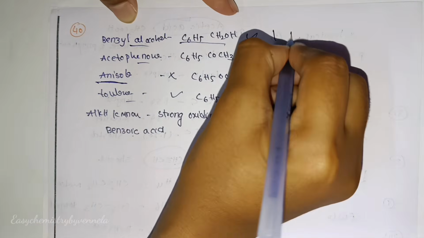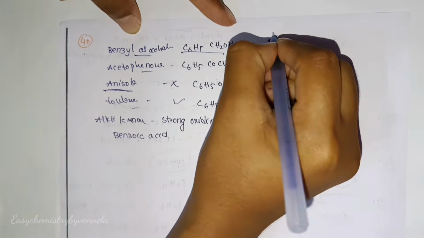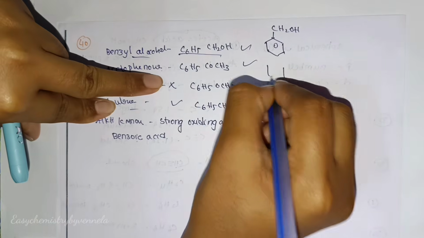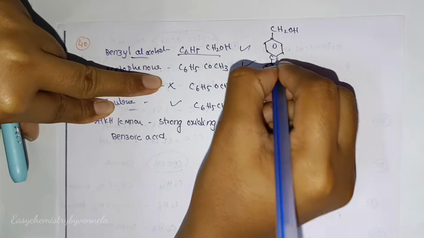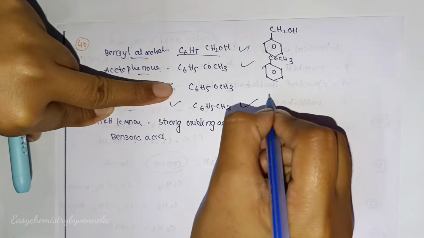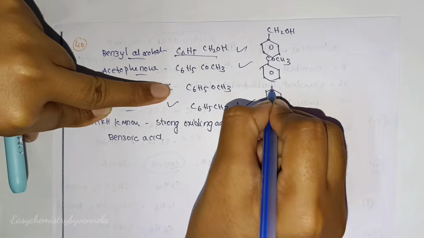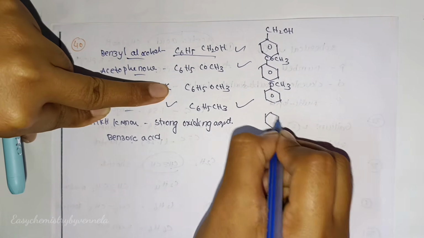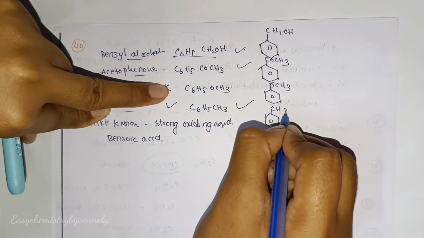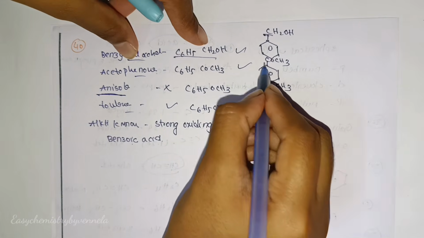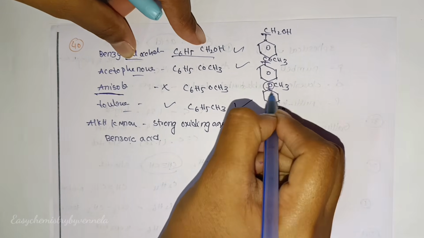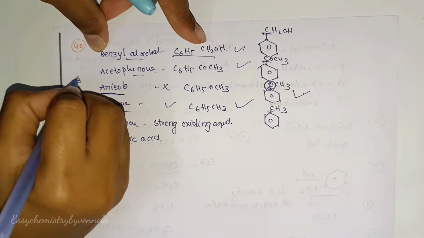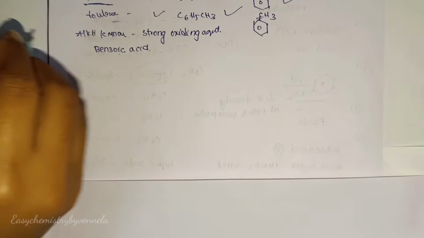So in all of these, carbon is attached to the benzene ring. But in anisole, only oxygen is attached, not carbon. See, here carbon, carbon, carbon, but not here. So, correct option is anisole. Third one is the correct one.